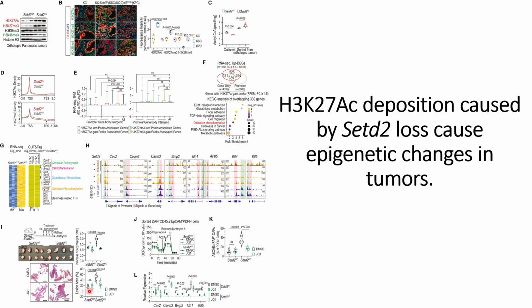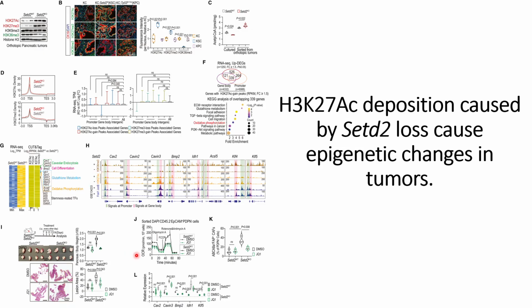And JQ1 is known to inhibit this acetyl-CoA, and thereby inhibit enhanced OXPHOS. So it will affect Setd2 knockdowns much, but there is no significant change in the Setd2 wild type. This indicates that acetyl-CoA has a relationship with H3K27Ac formation.